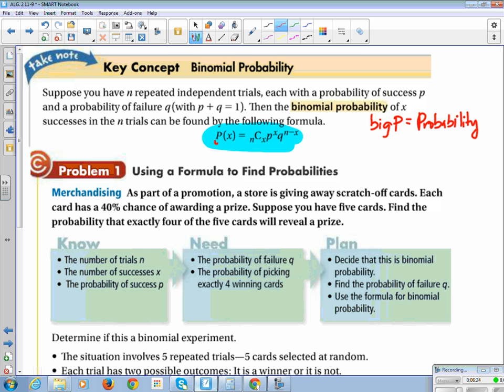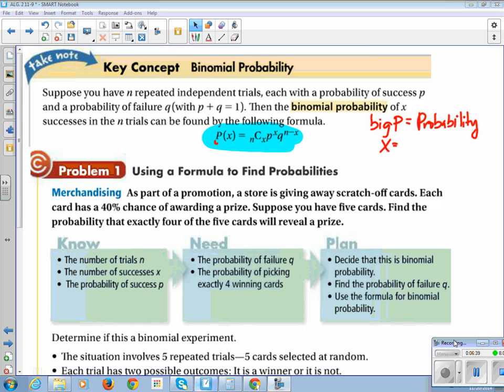All right, so what about x? The successes. N?